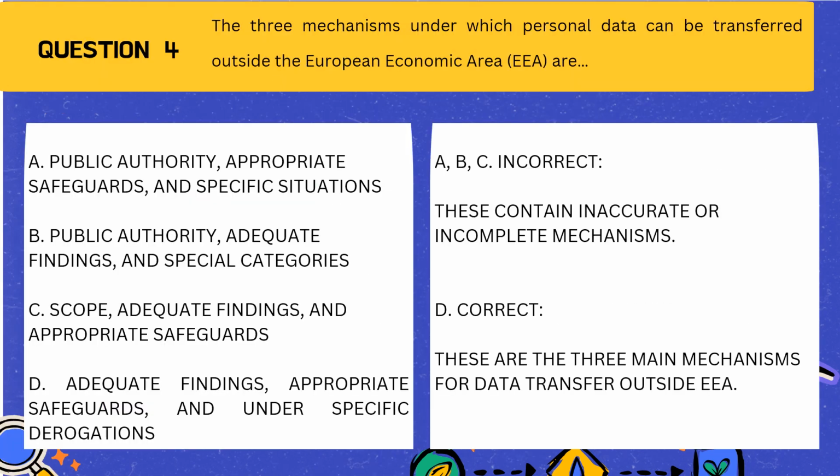Option D. Adequate findings, appropriate safeguards and under specific derogations. So when you see the question, three mechanisms under which personal data can be transferred outside the European Economic Area are option D. GDPR specifically talks about this in one of its articles. Moving on to question number 5.